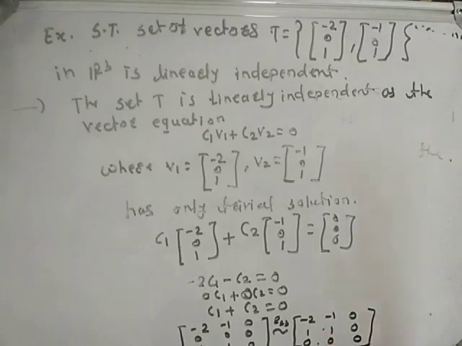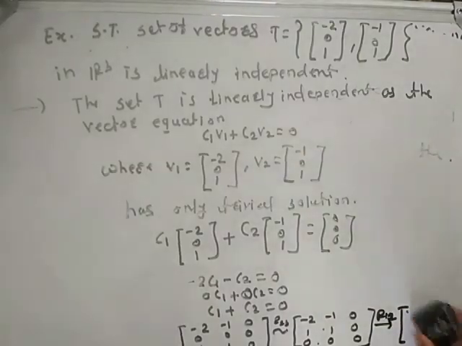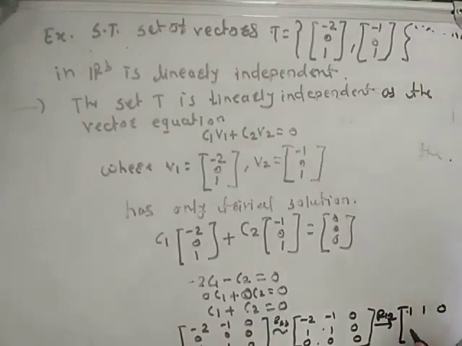Performing the interchange, you will get a matrix with rows (1, 1, 0), (-2, -1, 0), (0, 0, 0).